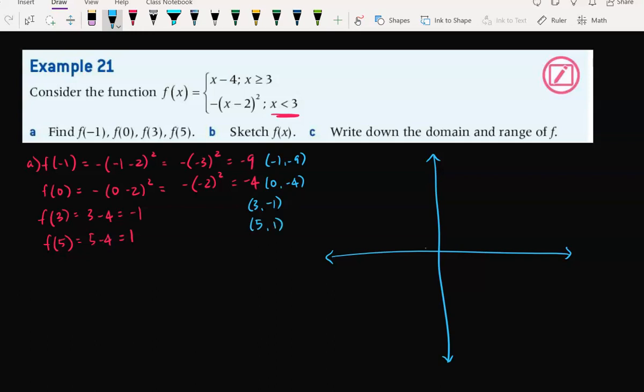So -1 and -9: 1, 2, 3, 4, 5, 6, 7, 8, 9. And then 0, 1, 2, 3, 4. And then 3 and -1, and 5 and 1.